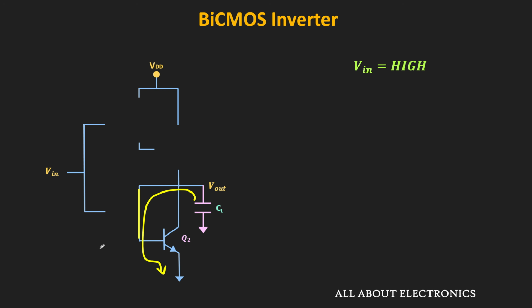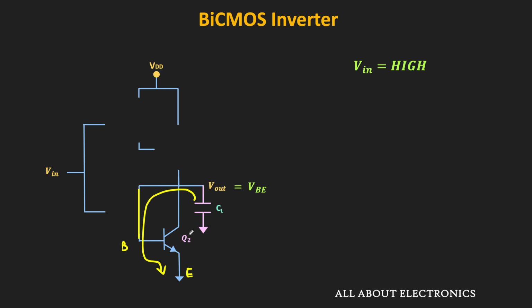In the on condition, the voltage between the base and the emitter of transistor Q2 will be around 0.7 volt. That means in this condition, the output voltage cannot go below that. So we can say that when the input is high, Vout is equal to VBE, and this output can be considered as logic low.